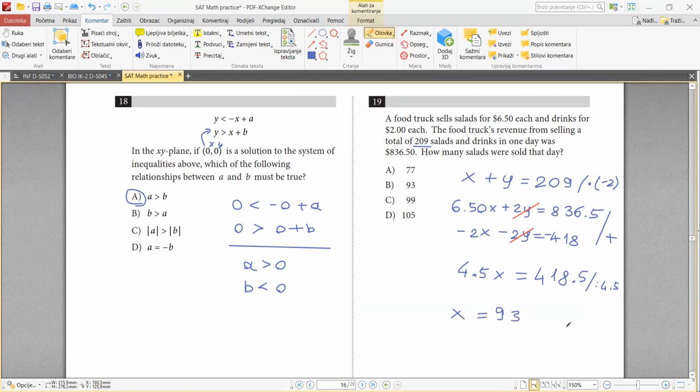So 93 salads were sold that day and also 116 drinks. But we must choose our answer for salads, and this would be 93.